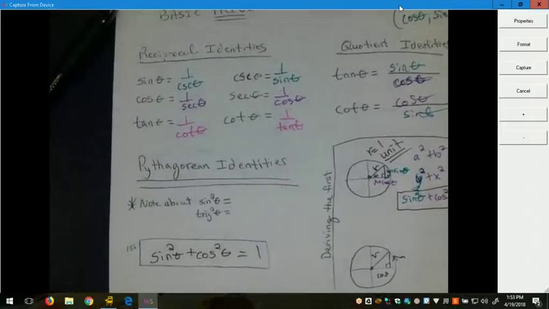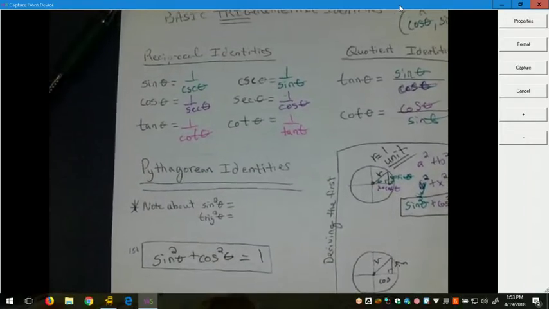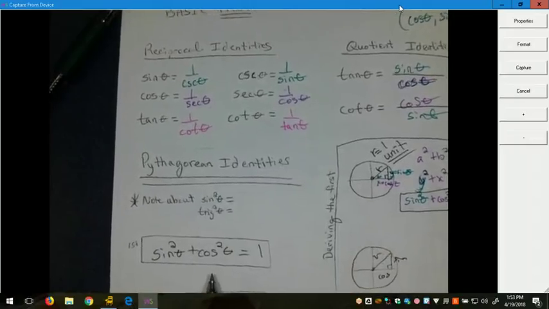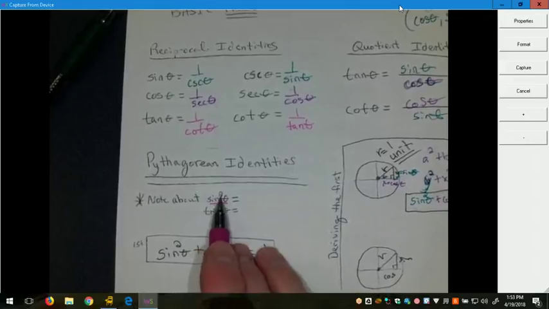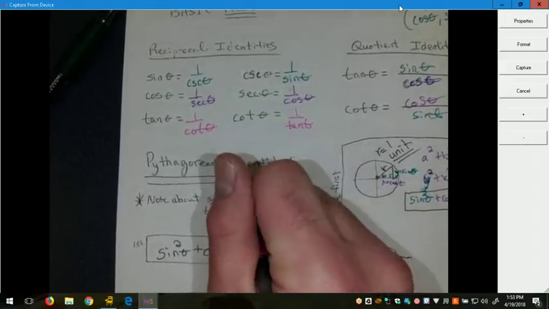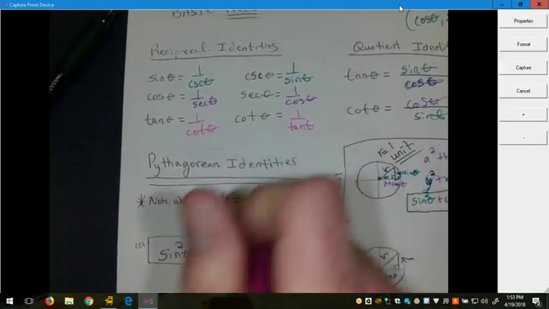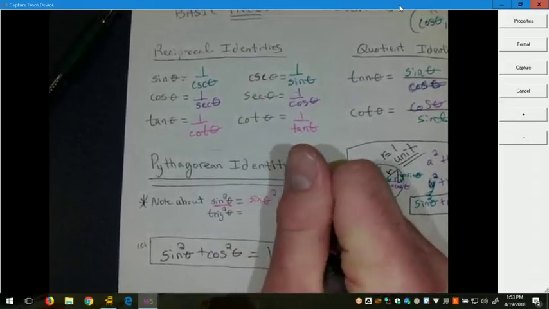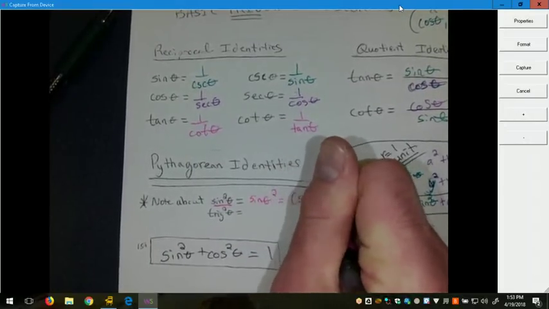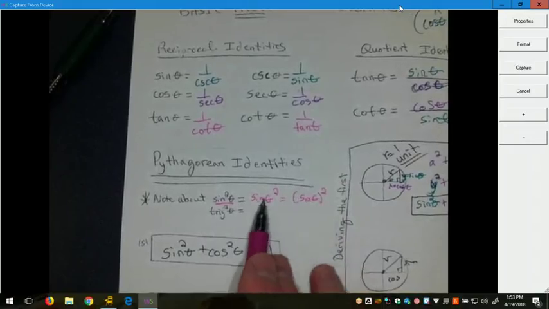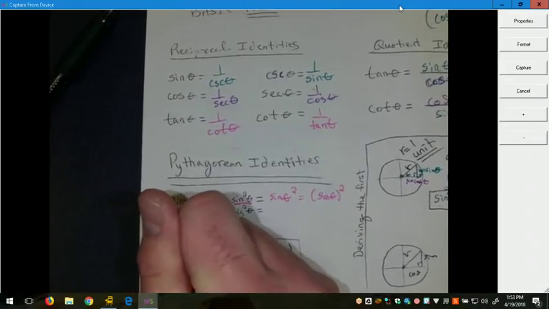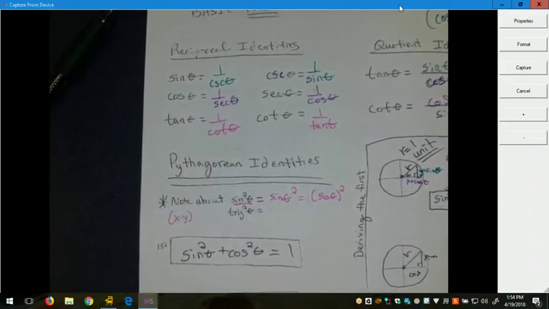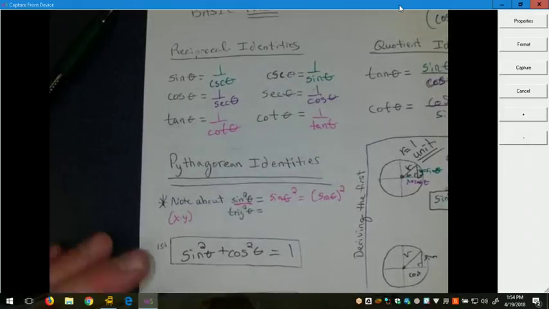Now a quick note about sine squared theta and any trig function squared. It doesn't matter where you put the squared, because we have to do the sine of theta and then square it. I can put the squared on the sine, or I can put the whole thing in parentheses and then put the square on it. Those are all equivalent. It is not like expressions such as x times y, where we have to make sure that the exponent goes to both factors.